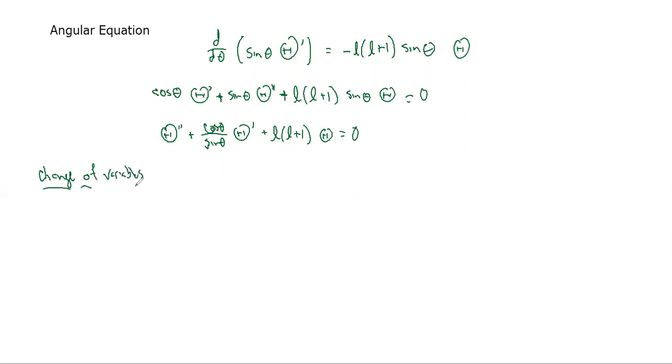The reason to do this is because this is the canonical, which is just a pretentious way of saying standard, way of writing this particular famous differential equation. So if you do a change of variables and call x cosine of theta, then dx would be minus sine theta d theta.